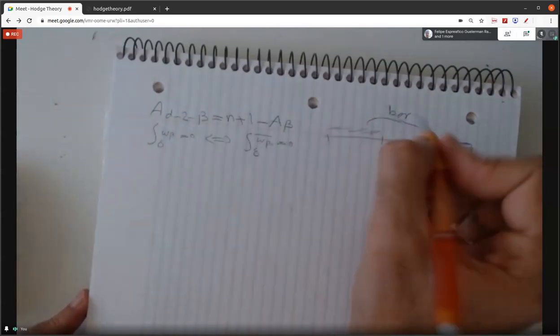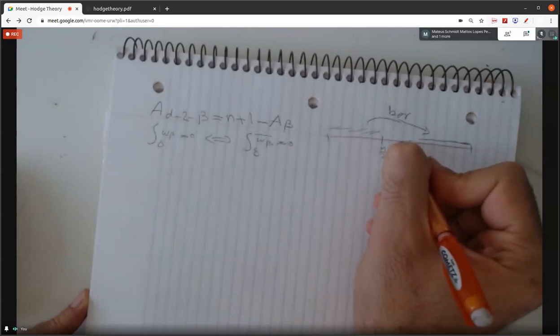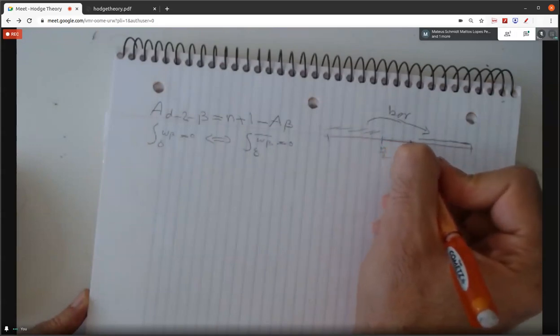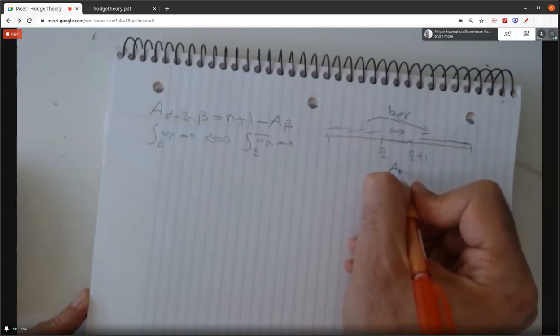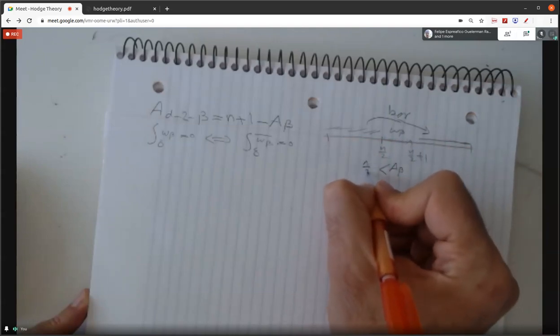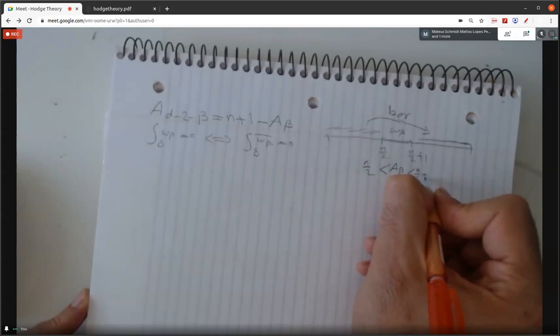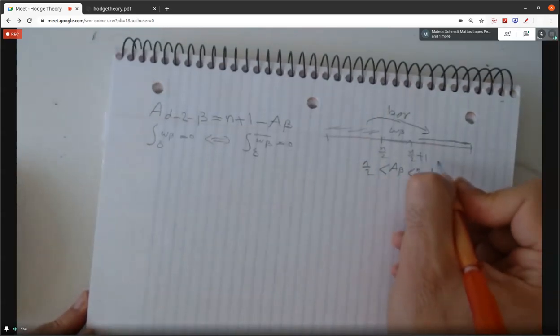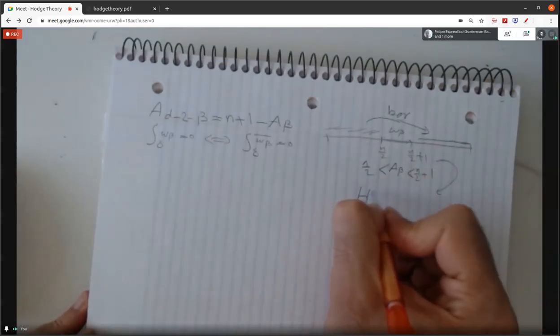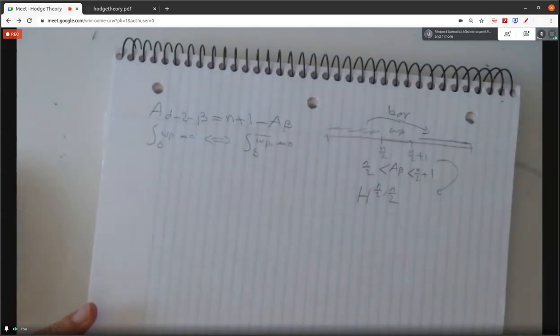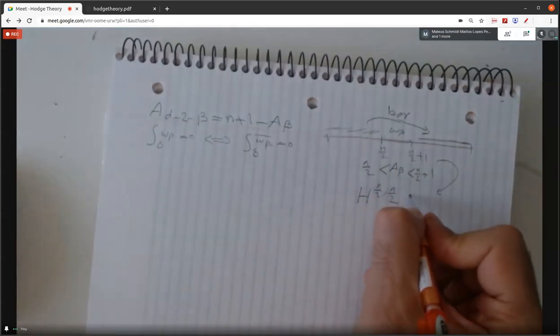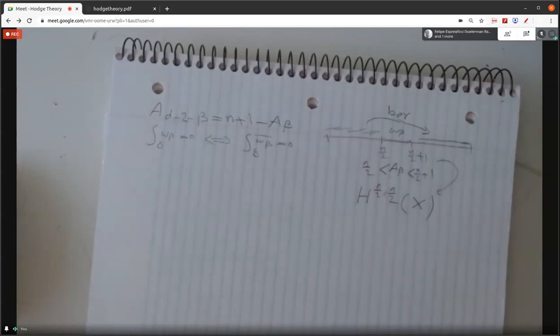Okay, so this means that at the end, the only non-trivial integrals that we have are for differential forms omega beta with beta n half plus 1. And at the end, this is a basis of H n half, if I want to use the modern language of the compactified Fermat variety.